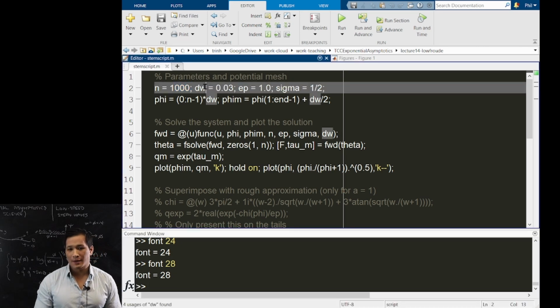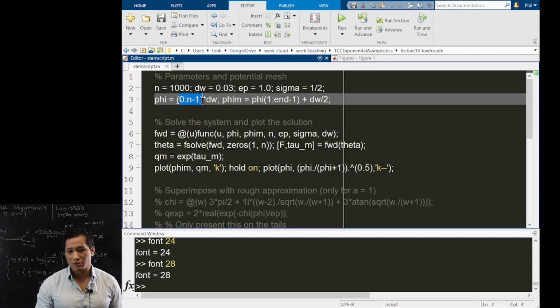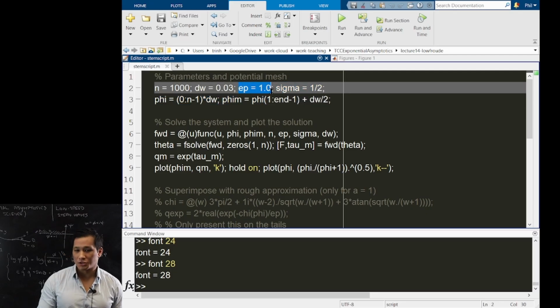I'm going to run from 0 to n minus 1 times a d phi of 0.03. I'm going to set my epsilon value to be quite large, just so you can see what's going to happen. And then sigma here is not important. Sigma is just 1/2, that's just the angle of the ship divided by pi.